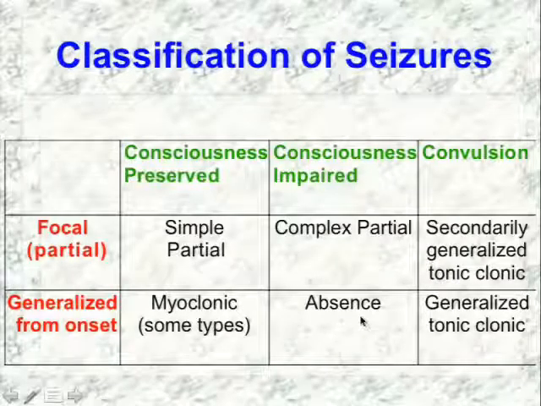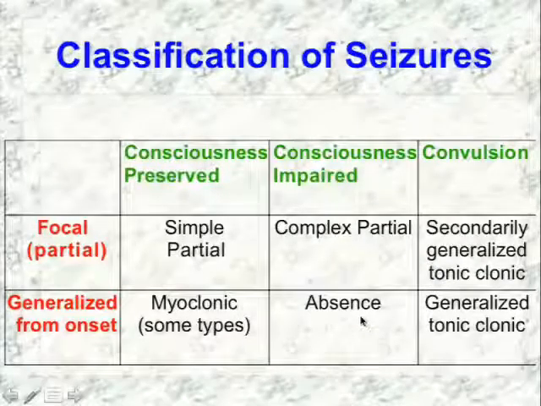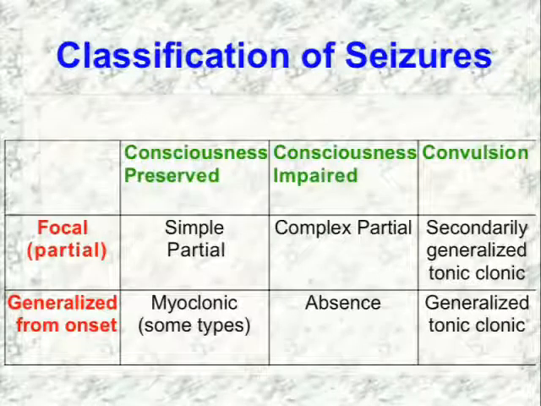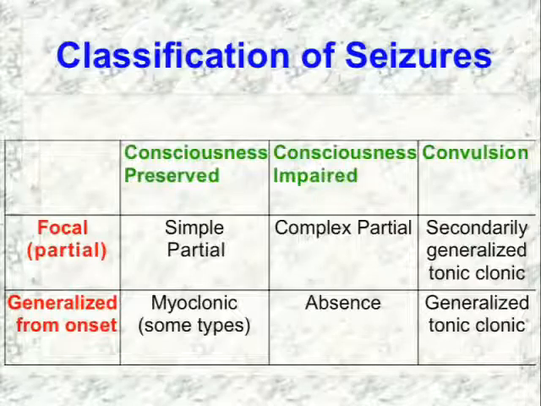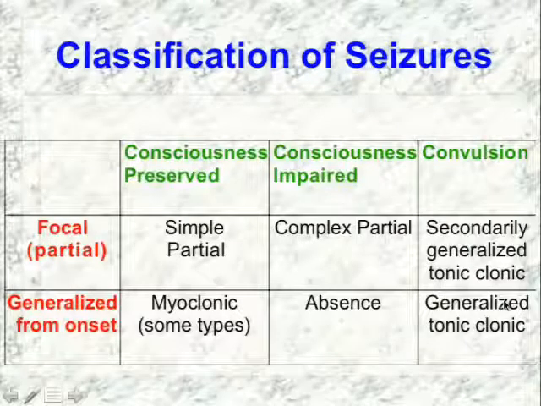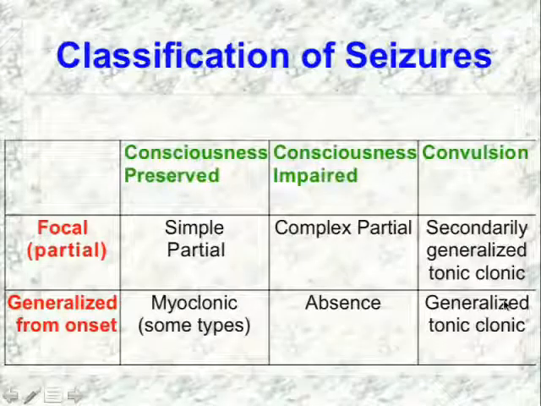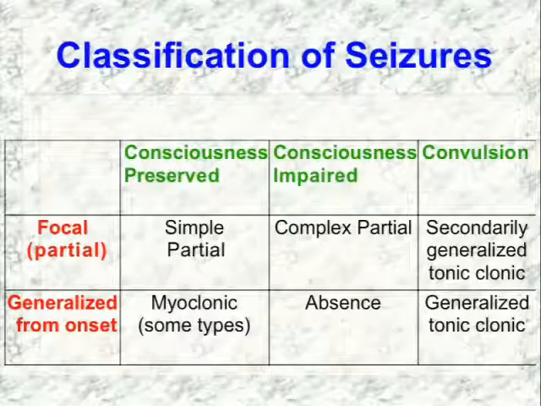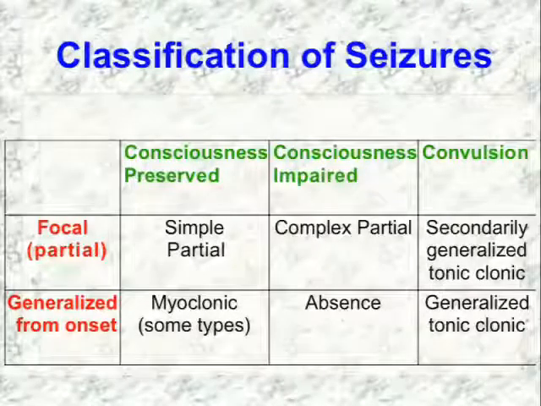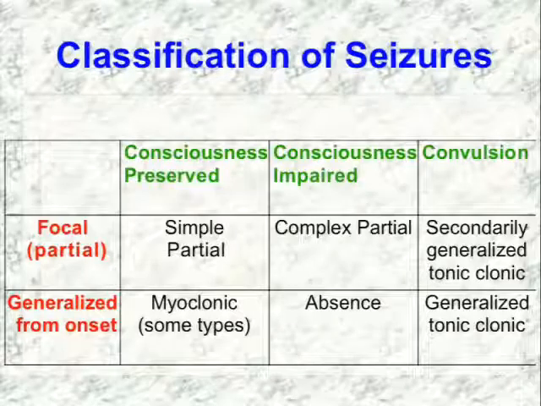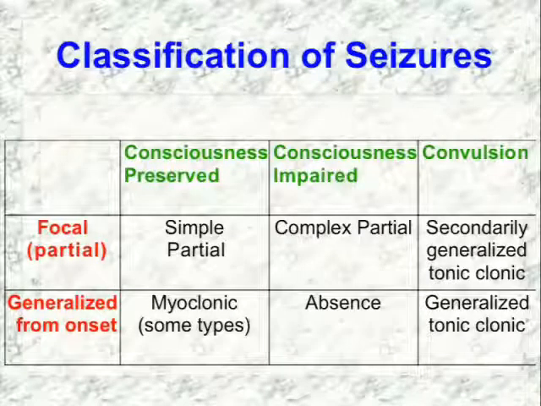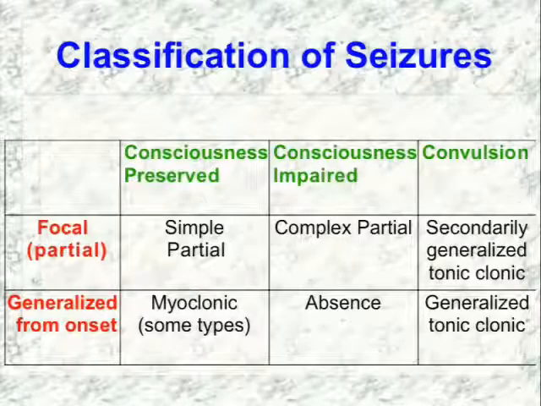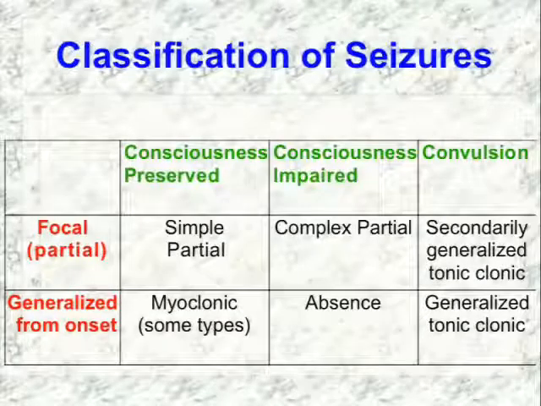And there are absence seizures, which are generalized seizures where people lose awareness momentarily or for brief periods of time. And then both focal and generalized seizures may go on to convulsion or a generalized tonic-clonic seizure. So this is sort of a simplified version of seizure classifications, most used for adults. There's all kinds of special pediatric syndrome seizures that don't quite fit into this scheme, but this gives you a basic overview of most of what you'll be dealing with.